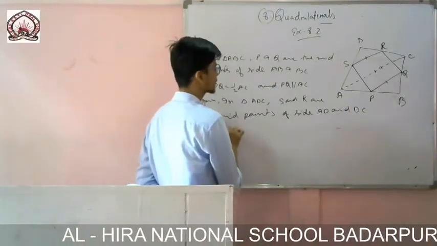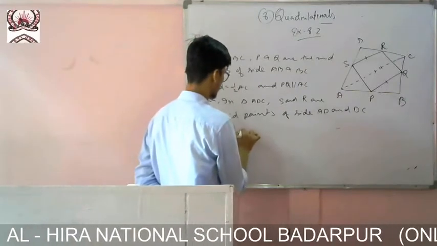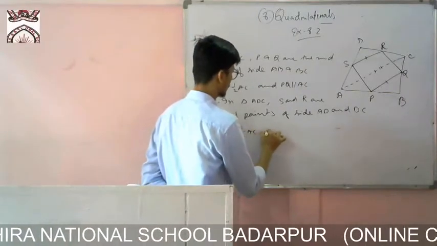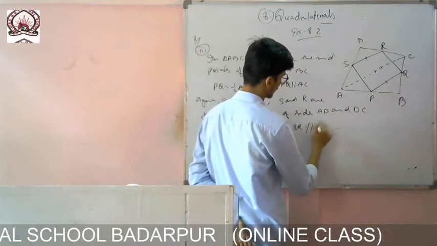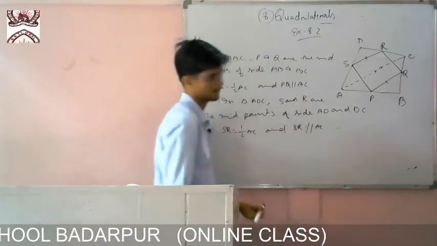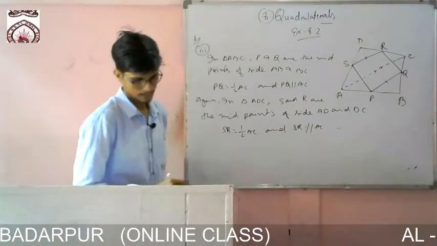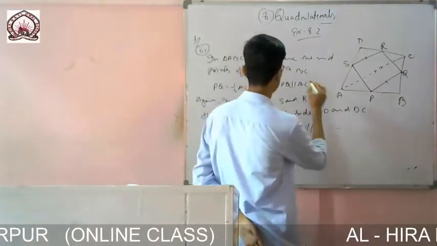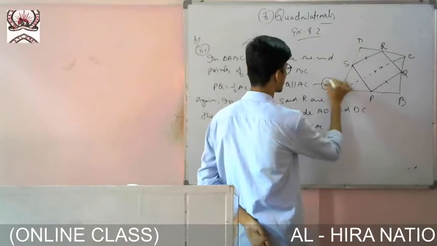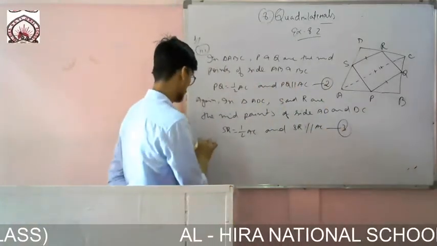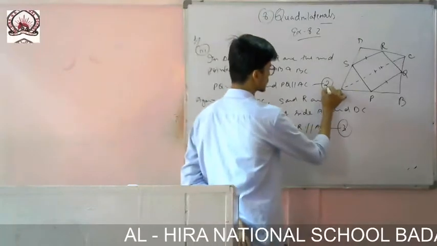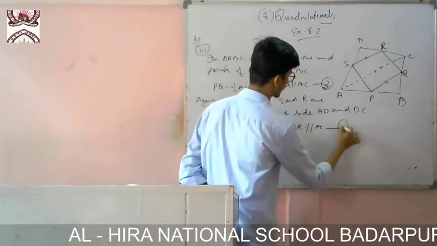So again I can write SR is equal to half of AC and SR is parallel to AC. So this one we give as 3 and this one we give as 4.